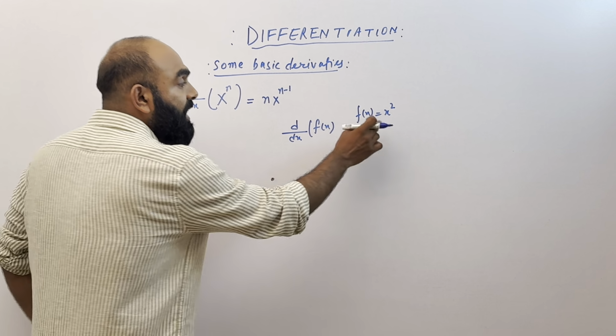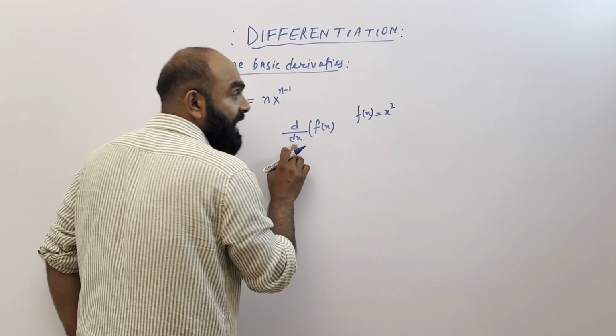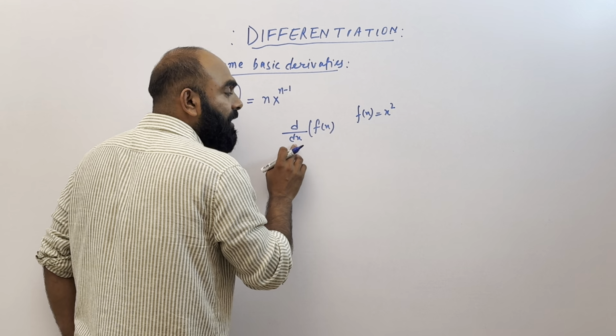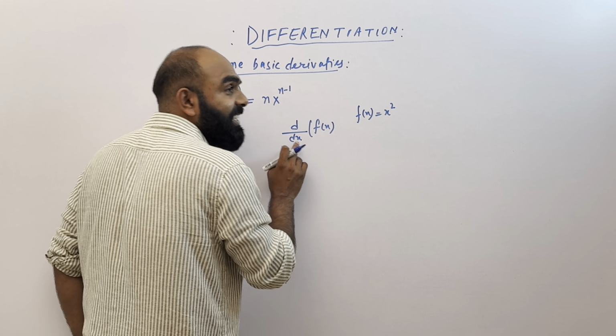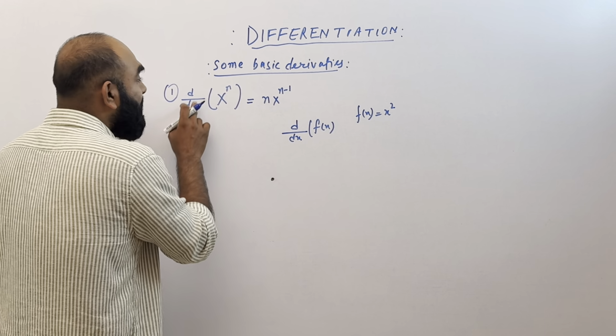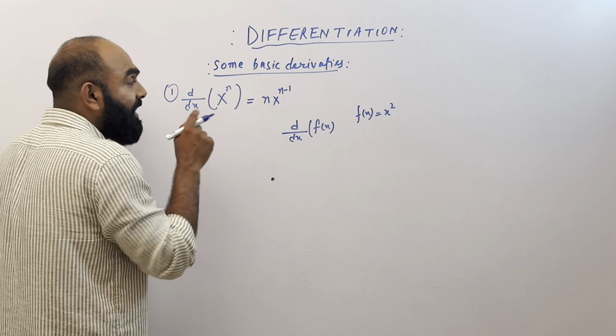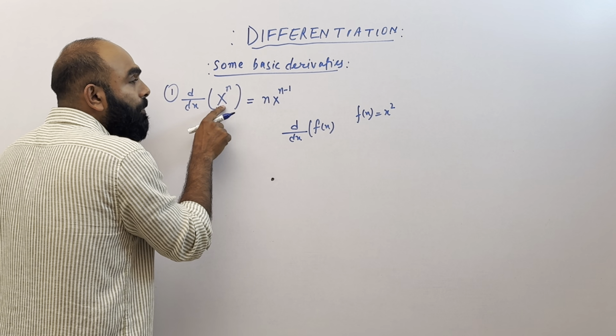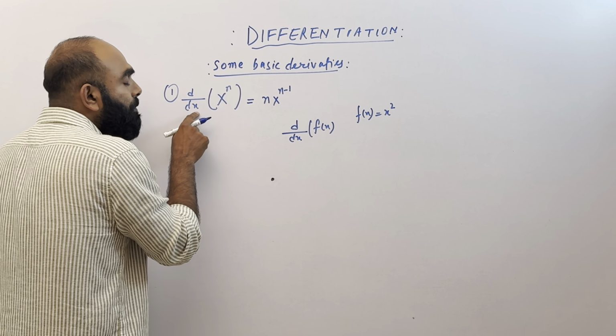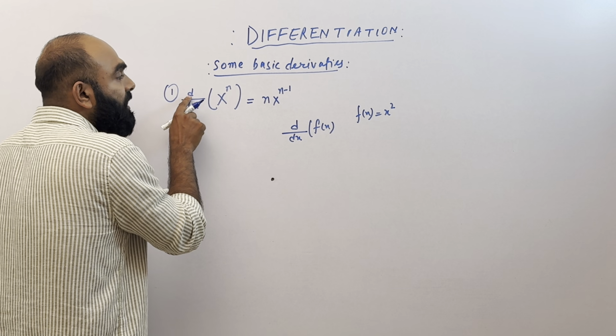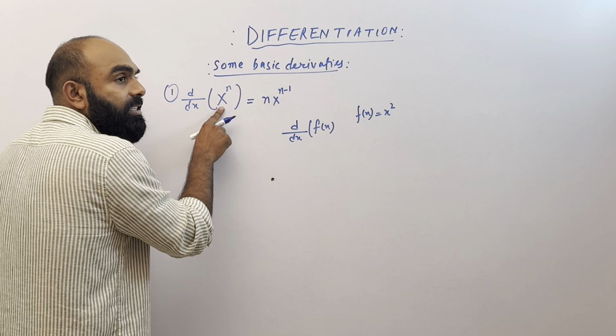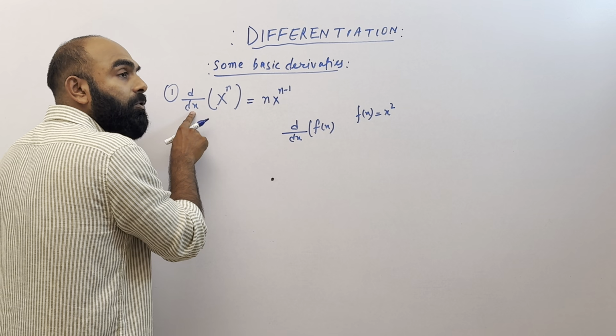If the variable is x, I can differentiate with dx. If it is f of t, I will differentiate with d by dt. This is a way to write differentiation. How can I read that? Differentiating the given function, x to the power n, with respect to x.